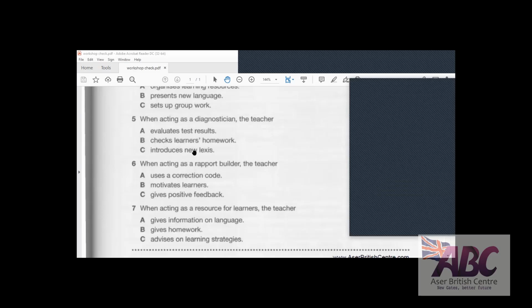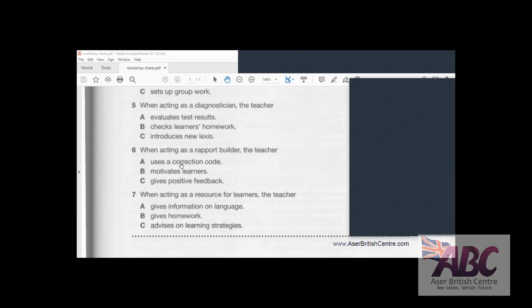That's right. As a diagnostician, you can evaluate results and check learners' homework, but you don't introduce any new lexis. If you are introducing new lexis, what role will it be? Language resource. Excellent. Thank you.